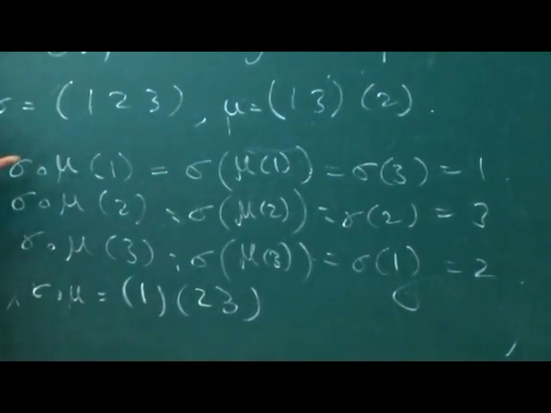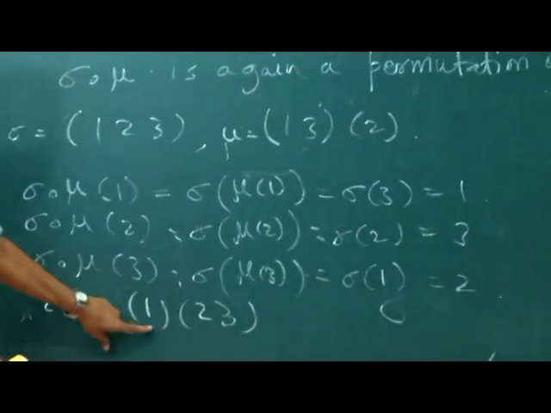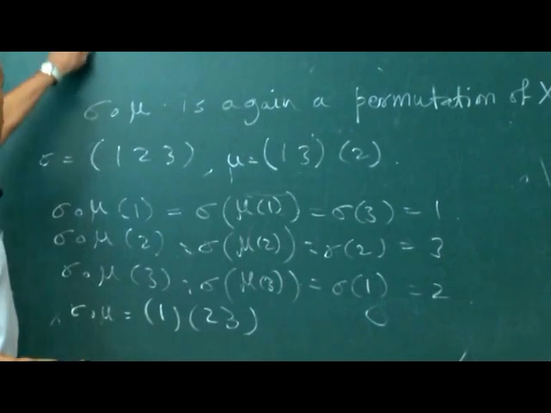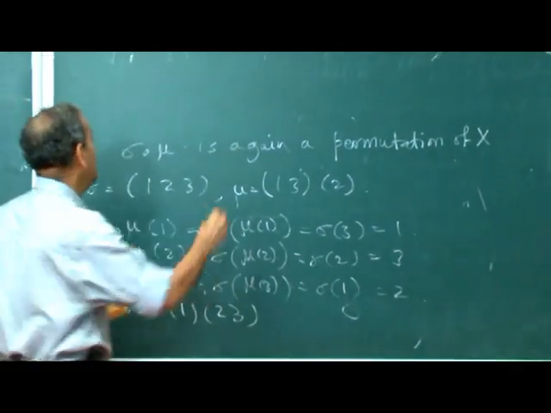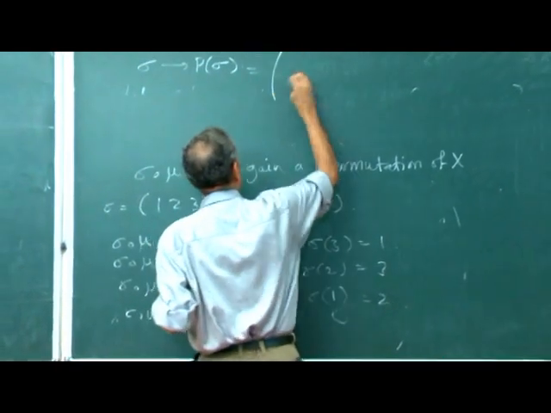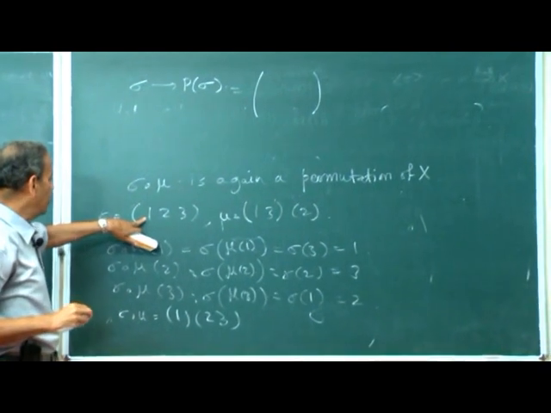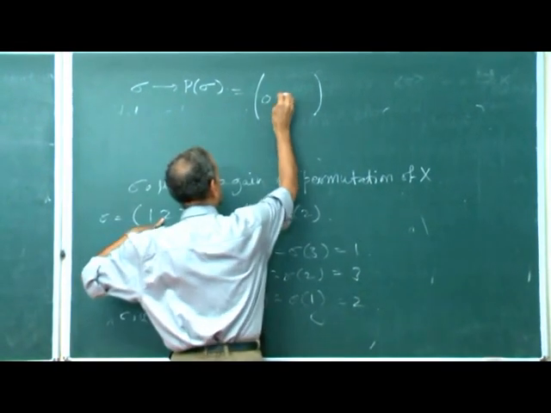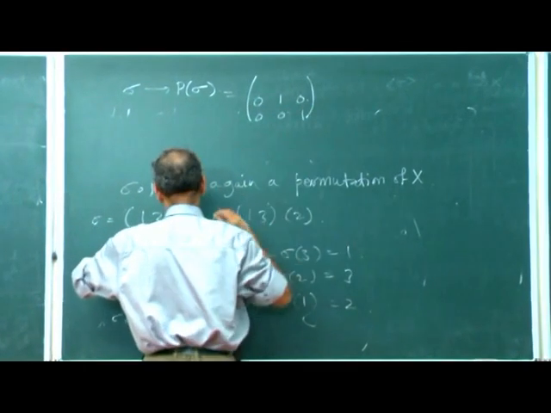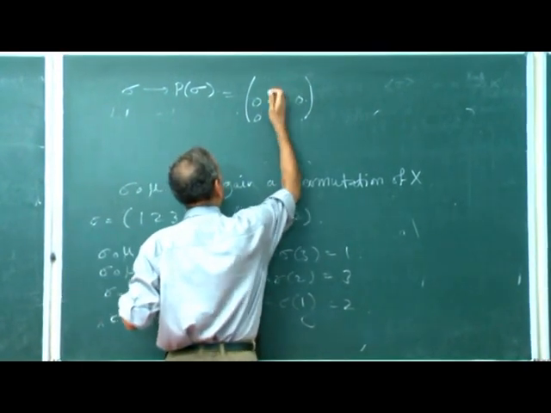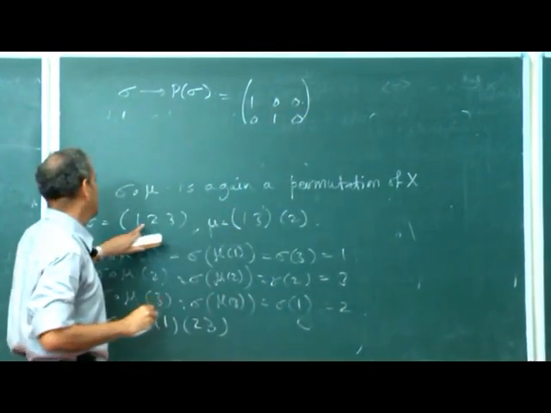Suppose you are given two permutations. This permutation sigma will correspond to P sigma. And what is P sigma? You can check very easily that in P sigma, row number 1 goes to row number 2, row number 2 goes to row number 3, and row number 3 goes to 1.